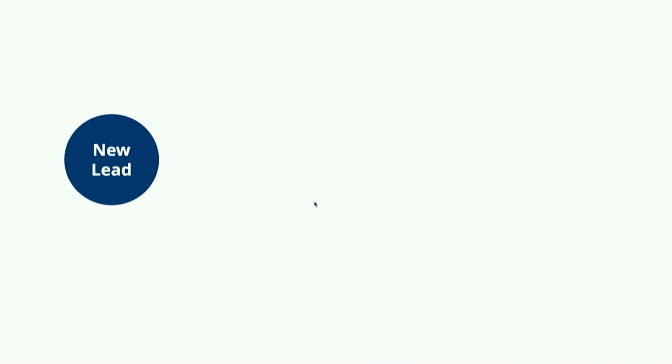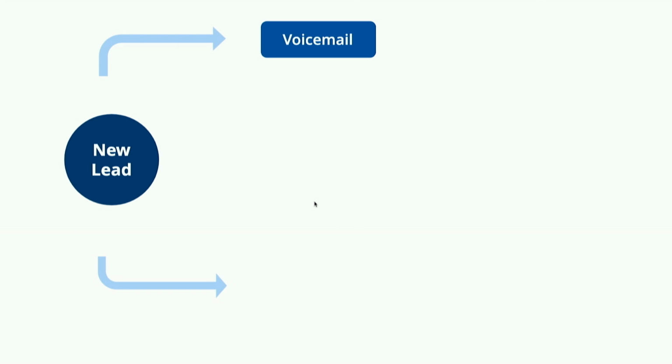If we look at it, a new lead can come in, and there's a couple of different things that can happen. We can reach out to the customer. They might not answer, so we want our users to leave them a voicemail. Maybe you do get in contact, and we want to capture some really important information, maybe the make and model of the car, the year, and also schedule a test drive date as well.